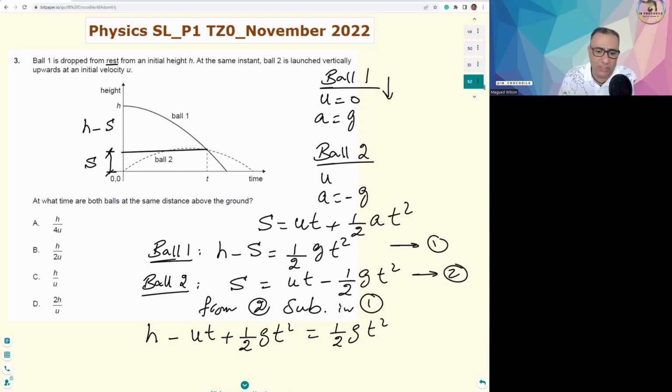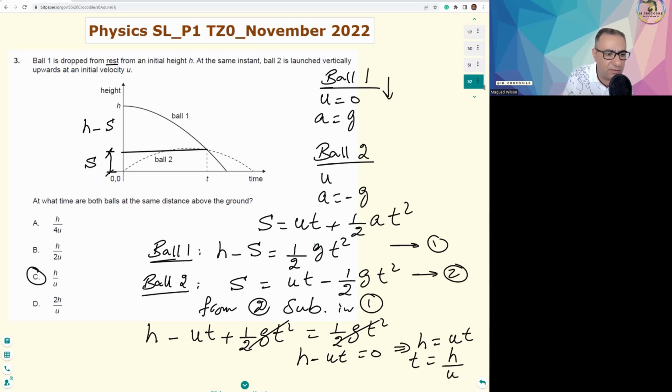The 1/2 gt squared terms cancel on both sides. Therefore h minus ut equals 0, which implies h is equal to ut, which implies t has to be h divided by u. So the answer here is C.